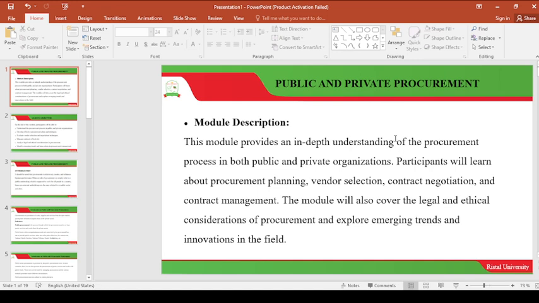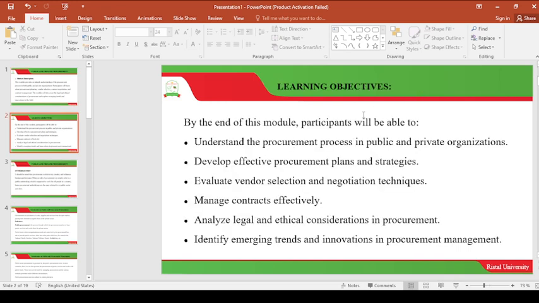This module will also cover the legal and ethical considerations of procurement and explore emerging trends and innovations in the field of public procurement activities.